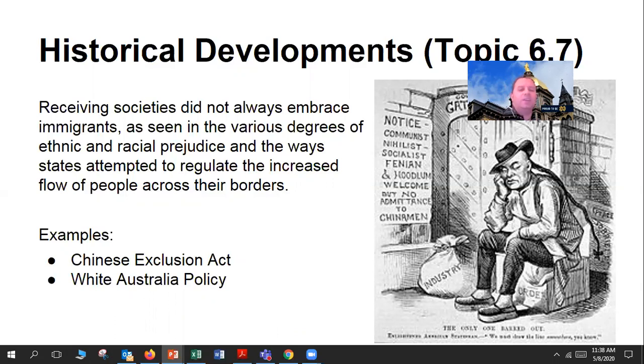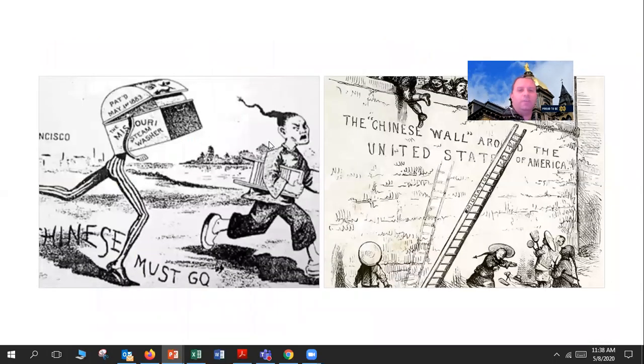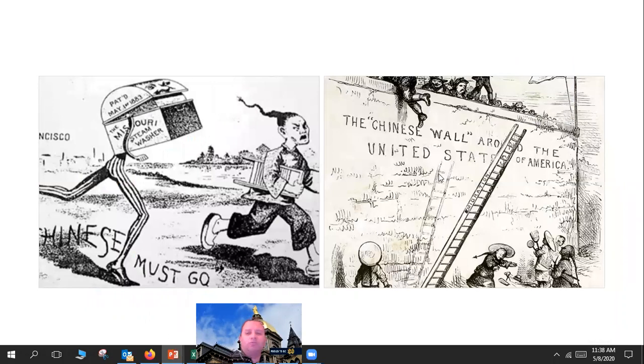I give you the example of the Chinese Exclusion Act and the White Australia policy. If we take a look at these two drawings here, if you look down here, we see "the Chinese must go." This is supposed to be San Francisco back here, and notice that the Chinese are being chased out of San Francisco. Again, they're trying to get them out.